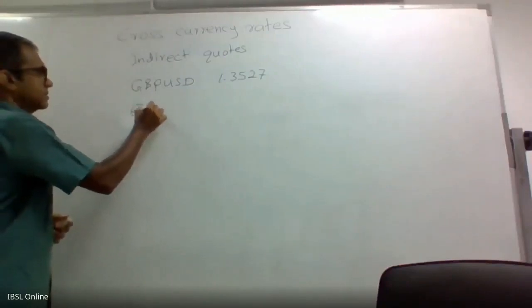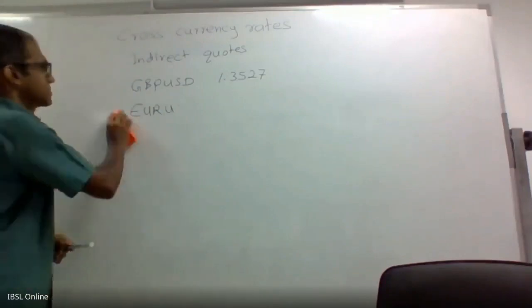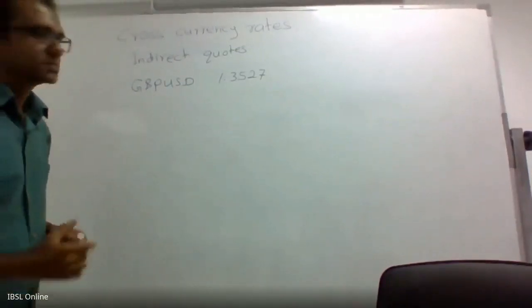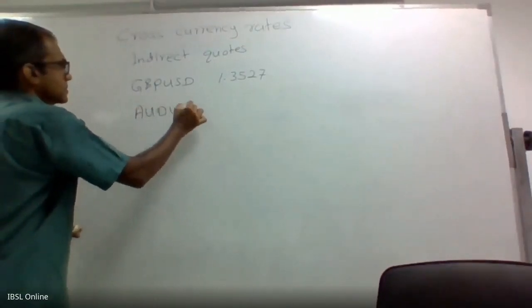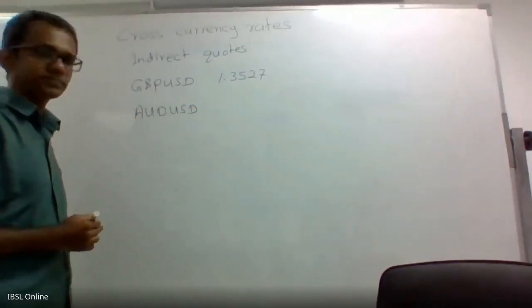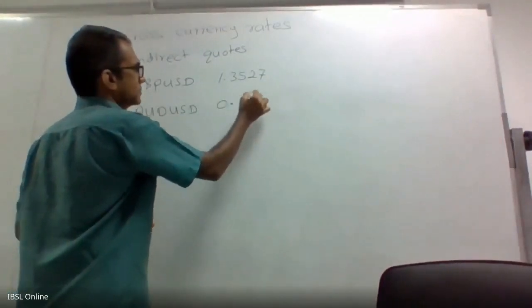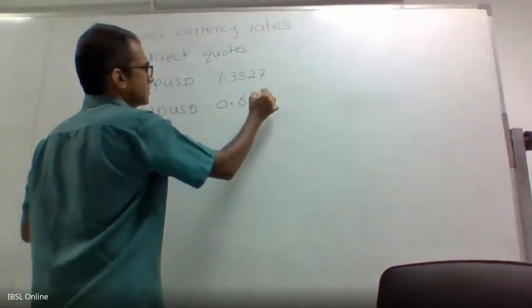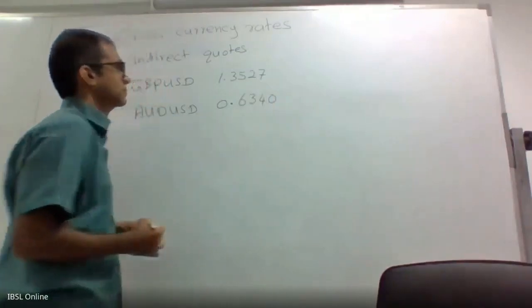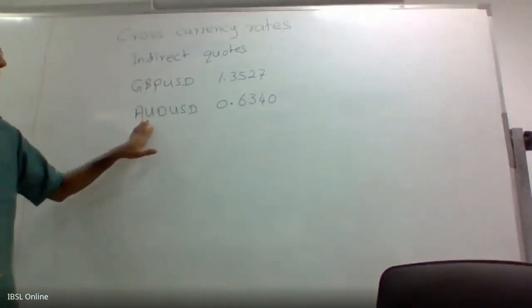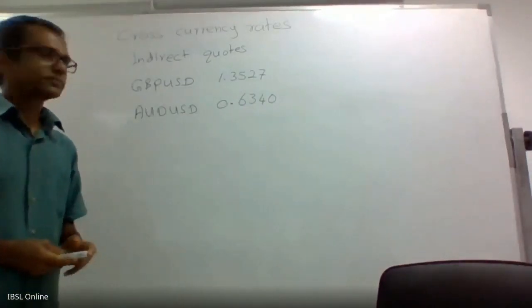Then we'll consider AUD USD. 1 AUD equals 0.6340 dollars.